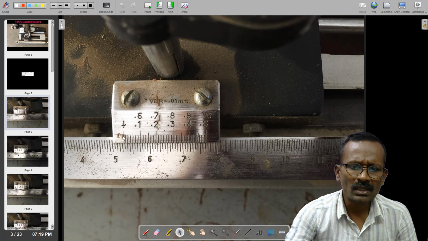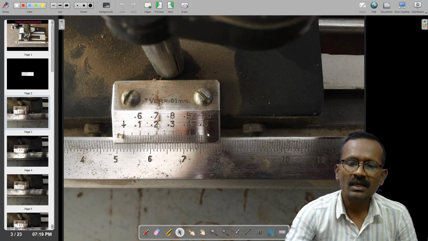This is the arrow mark. This is the 0.1 mark, 0.2, 0.3, 0.4, 0.5. Above 0.1 we find 0.6, above 0.2 that is 0.7, above 0.3 0.8, 0.4 0.9, above 0.5 1. This is the arrow mark.